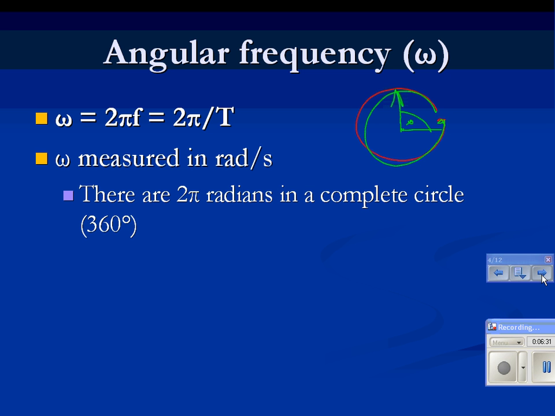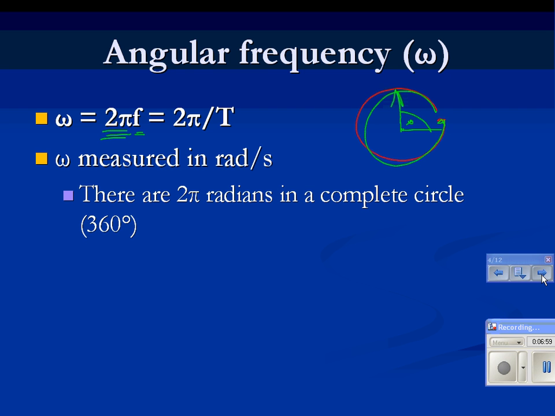But the problem is we don't use degrees. We use radians, okay? So that's the only difference. So how many radians are in a complete circle? 2 pi. Great. That's where this 2 pi comes from, okay? Because that's one complete circle worth of radians, and if I multiply that by the frequency, the number of oscillations per second, or the number of circles per second, I get the angular frequency, or the angular velocity.